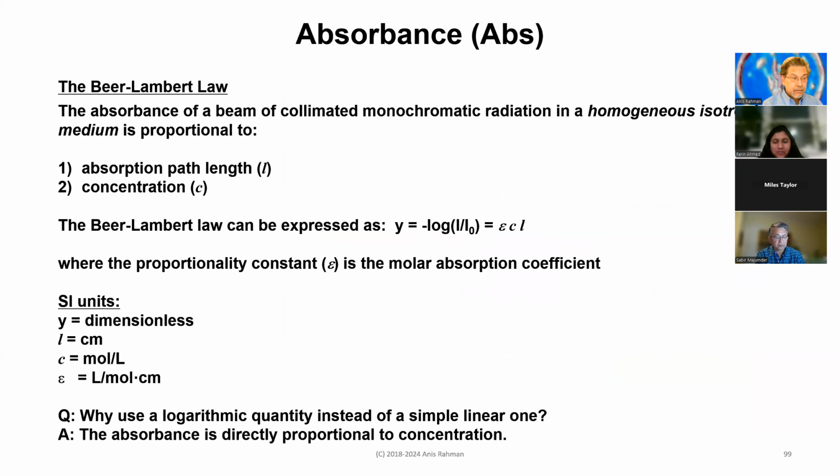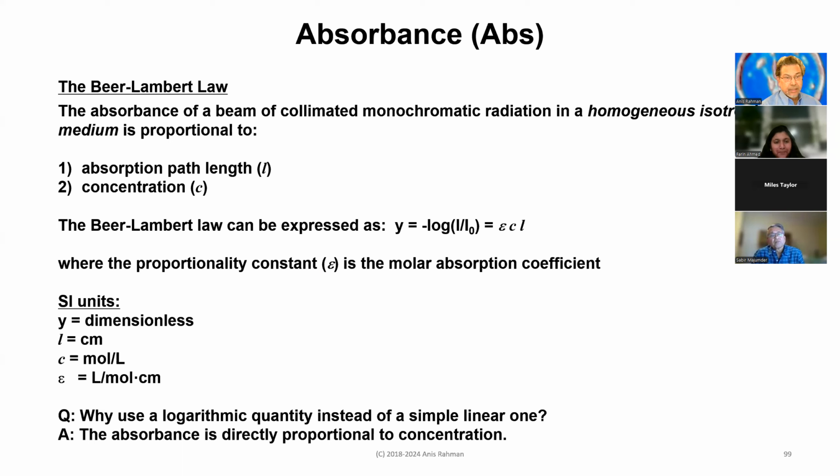So the absorbance follows the Beer-Lambert law. The absorbance of a beam of collimated monochromatic radiation in a homogeneous isotropic medium is proportional to the absorption path length and also the concentration of the material. The Beer-Lambert law used to be Beer's law, then Lambert modified it.